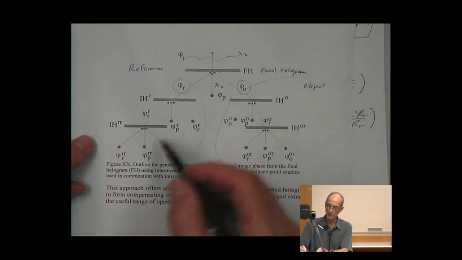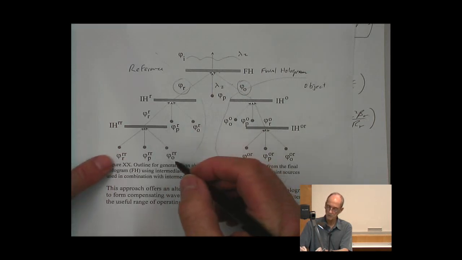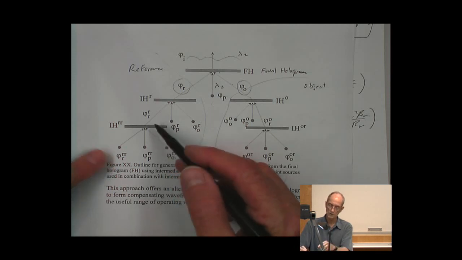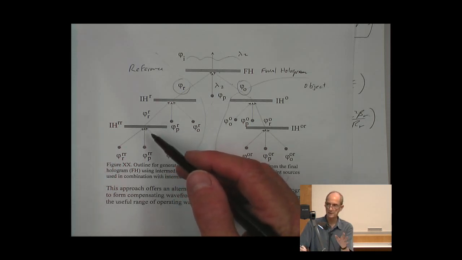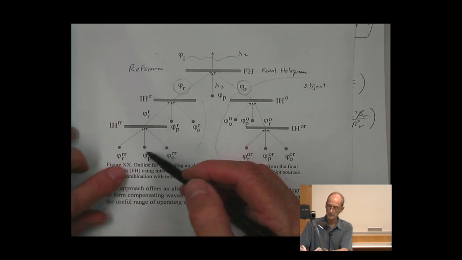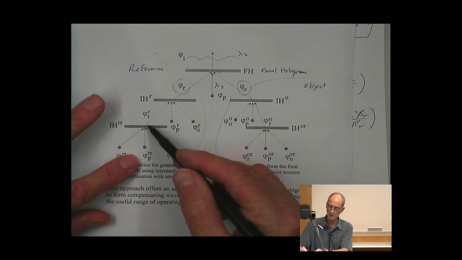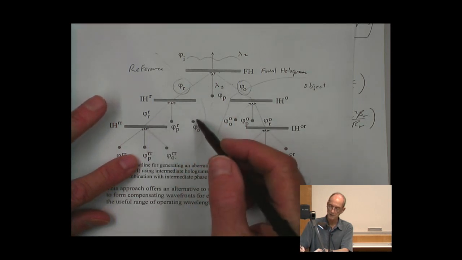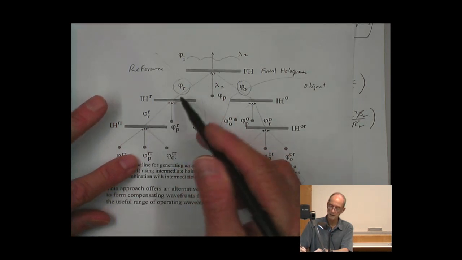Okay, so here, for instance, here's a reference and object wave that would be recorded with a certain degree of correction to reduce those aberration coefficients. Then you reconstruct it here with this VP, it generates this VR, and then you have another phi-O coming in.